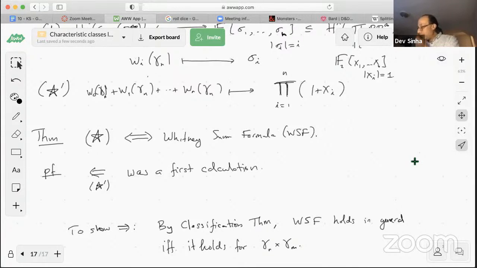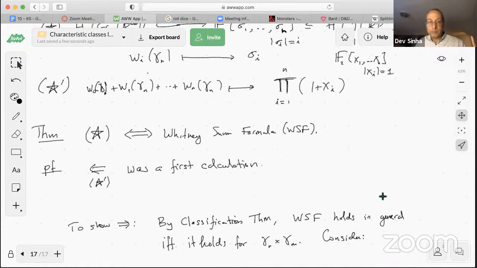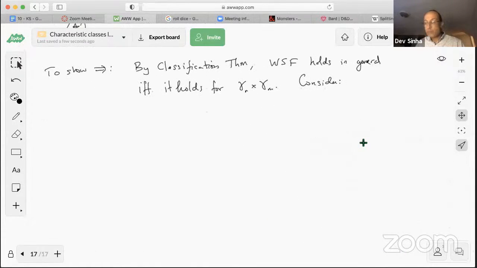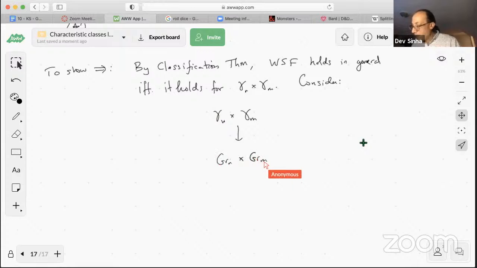So now let's consider the following diagram. Let's think about gamma n cross gamma m over, I'm going to omit the R infinities.